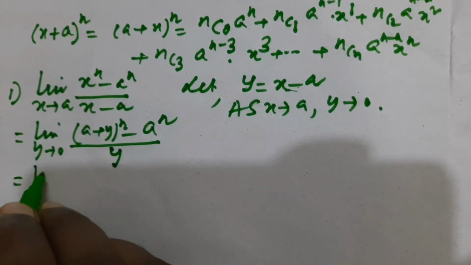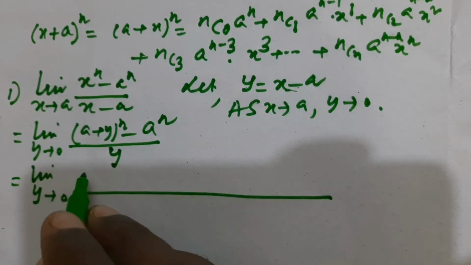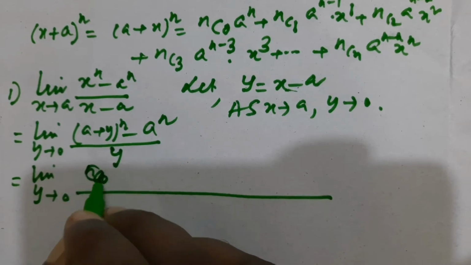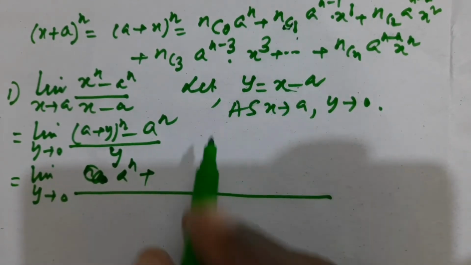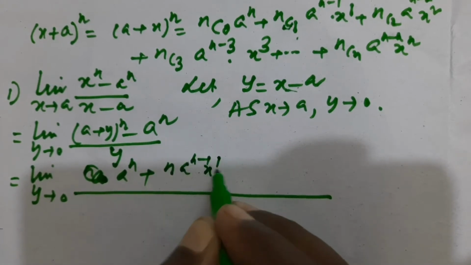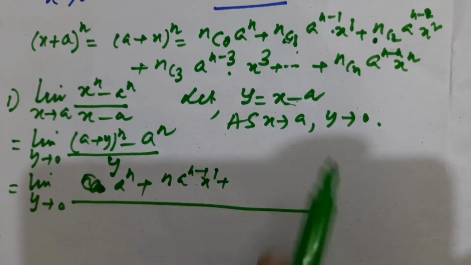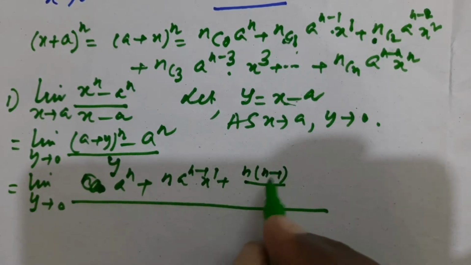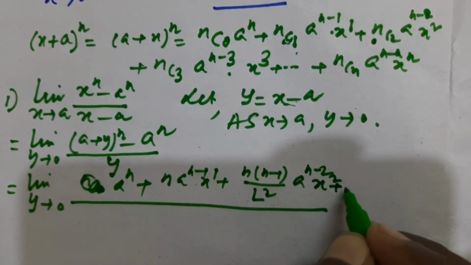And from the binomial theorem we can express this as nC0 a to the power n. For nC1 we can write n a to the power n minus 1 into y to the power 1, and for nC2 we can write n into n minus 1 by factorial 2 and a to the power n minus 2 and y to the power 2 plus dot dot dot.